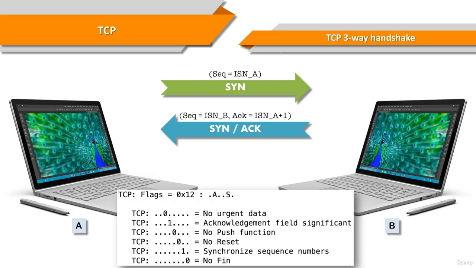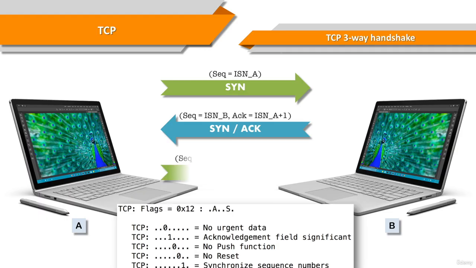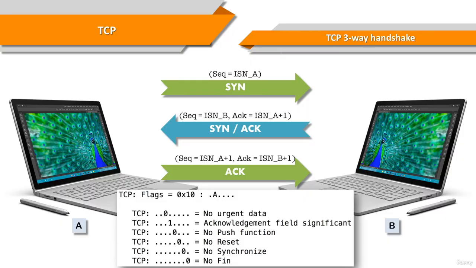This packet will have a sequence number of ISN B, a pseudo-random number assigned by machine B for this connection. The SYN-ACK packet will have an acknowledgement number of ISN A plus 1, indicating that machine B has acknowledged the SYN packet from machine A. To complete the three-way handshake, machine A responds with an ACK packet which has a sequence number of ISN A plus 1.